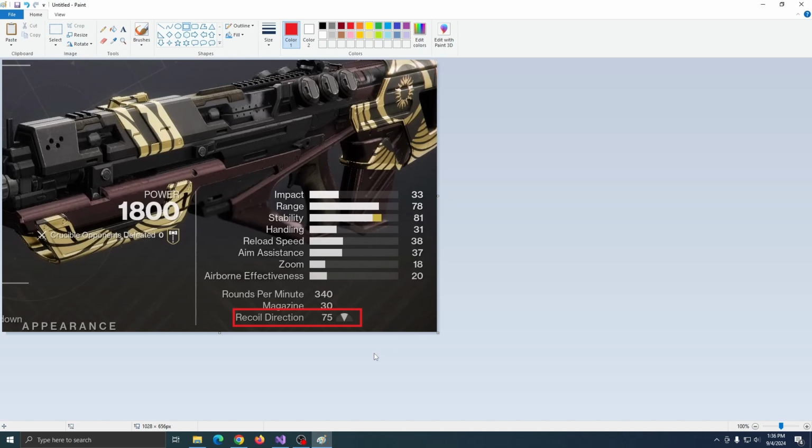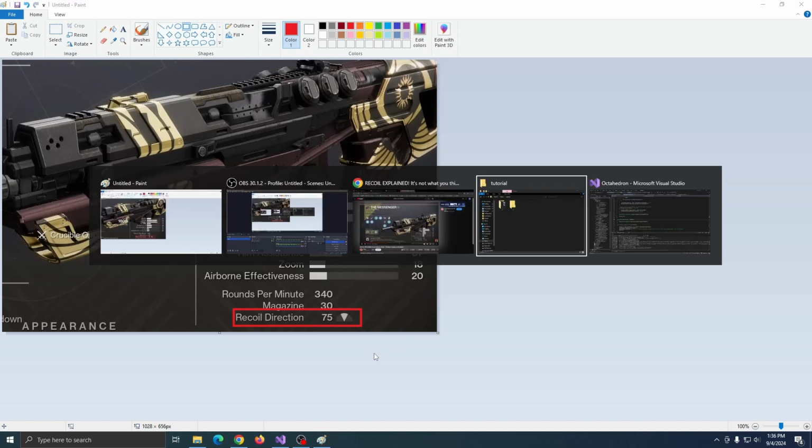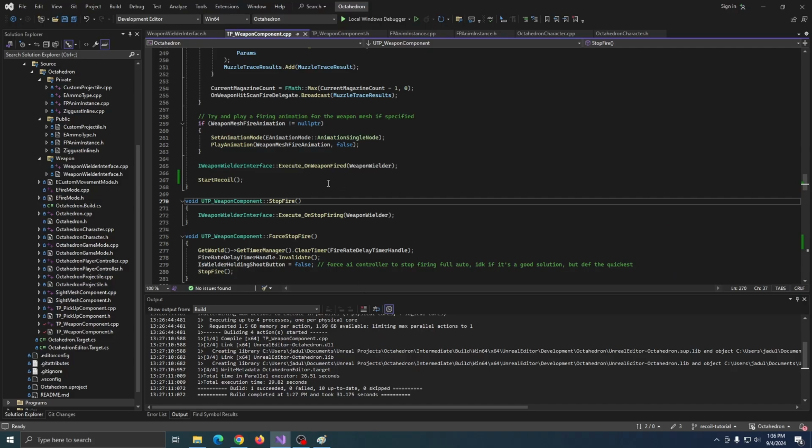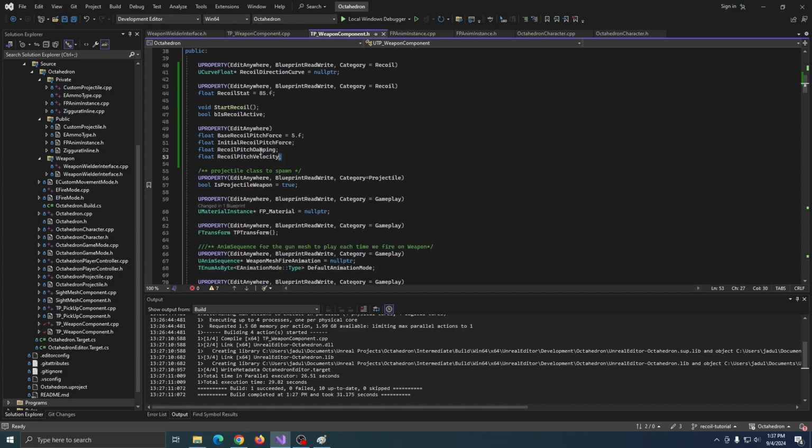And I'm not sure if there is a function that I can use to generate a random number from normal distribution. At least I couldn't find it in any documentation, so I decided to just use the standard library from C++. First we can go ahead and add some new properties for the recoil yaw.